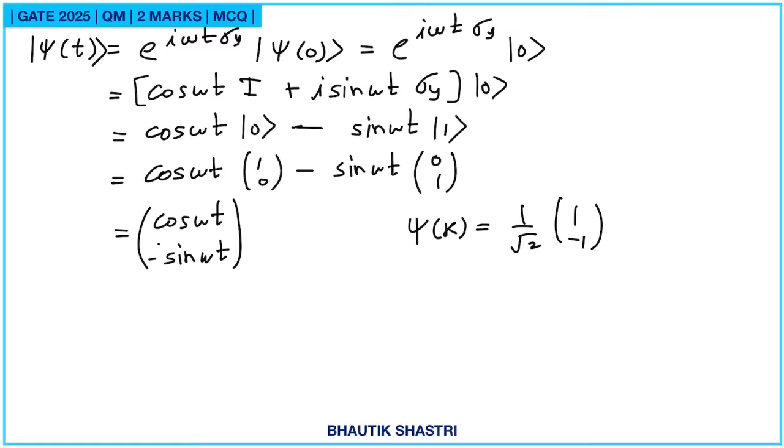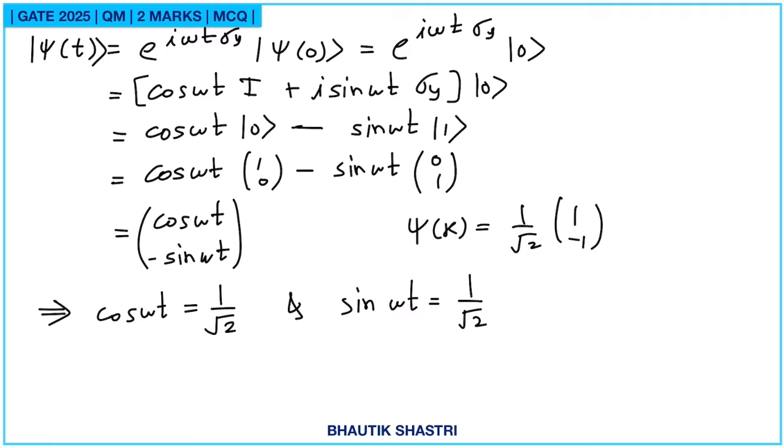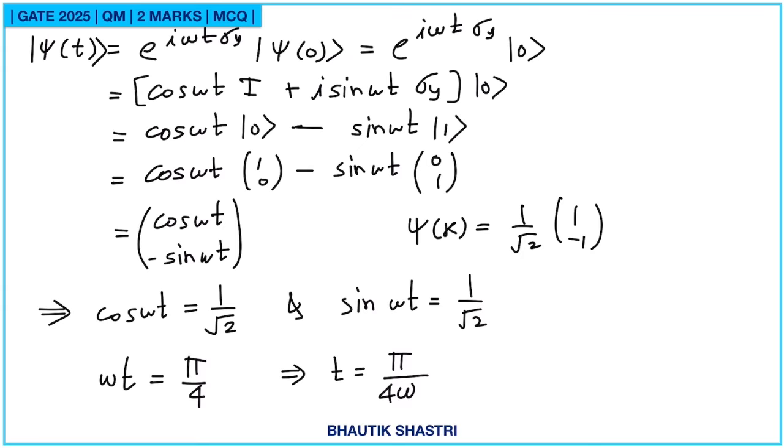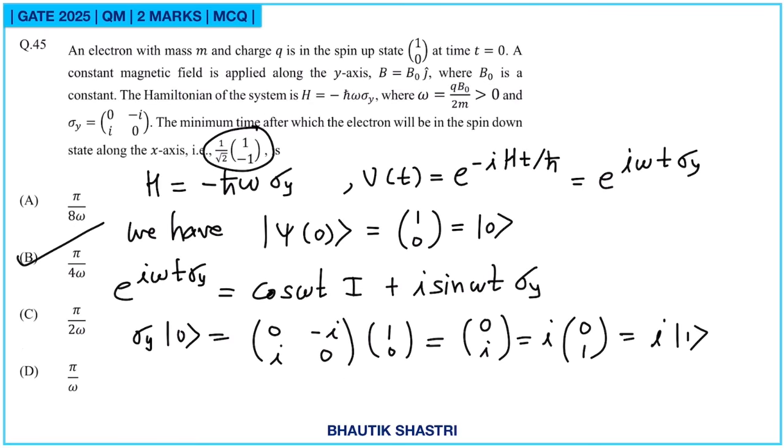Now we have 1 minus 1 sign here. This means that cos omega t should be 1 by root 2 and sin omega t should be 1 by root 2, which is possible if omega t is equal to pi by 4. That means t is equal to pi by 4 omega. So that will be the first instant, minimum time. So option B is correct.